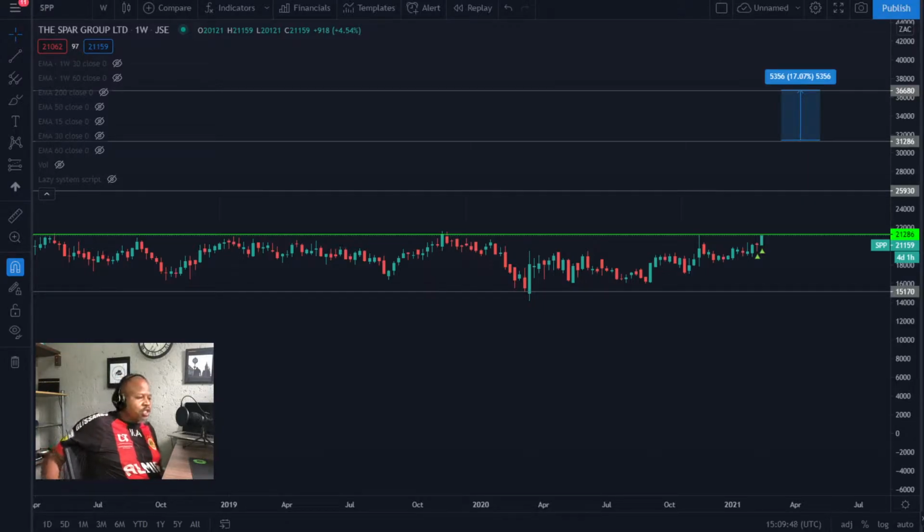Essentially, it's a breakout trend following system, and Nicholas Davis identified that stocks move up or down in blocks, which he called boxes, which are essentially just ranges.